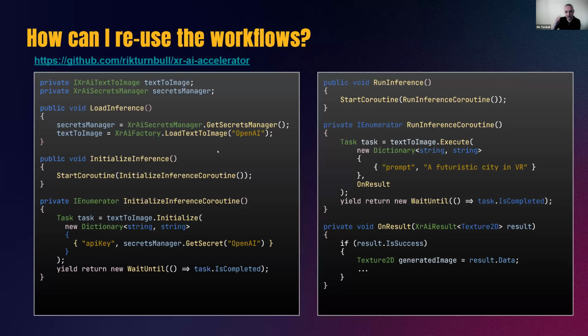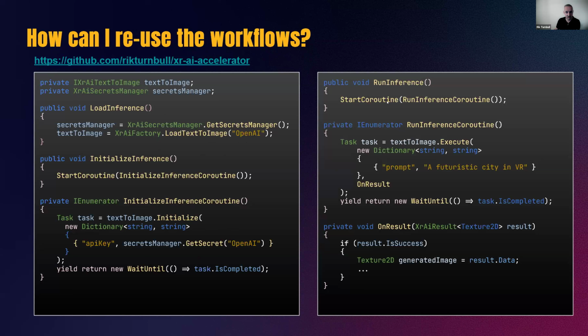So in order to reuse some of these, this is the basic calling method. Once it's plugged in, you can just load the particular provider by the resource name, and then initialize once. Always initialize in a coroutine, passing in the API key.